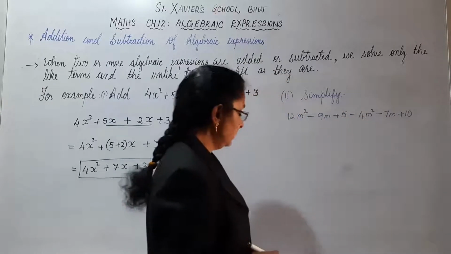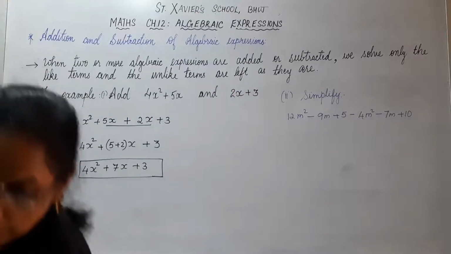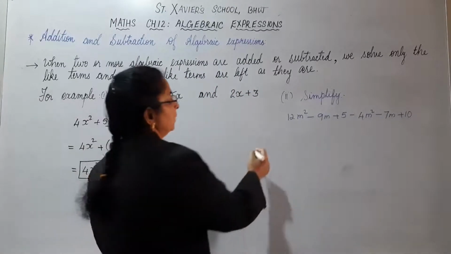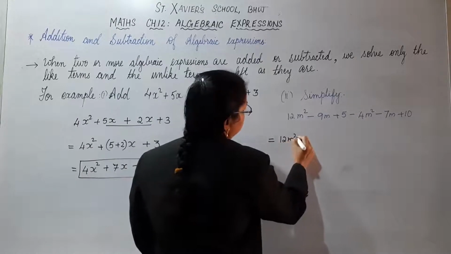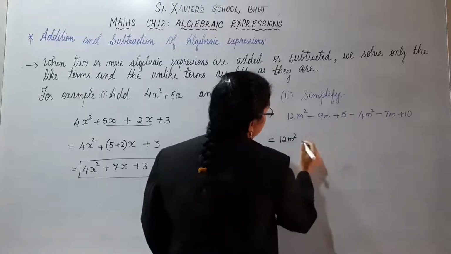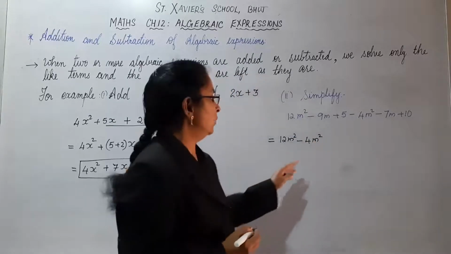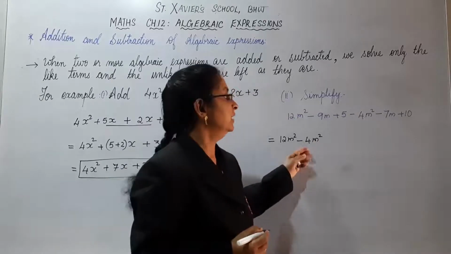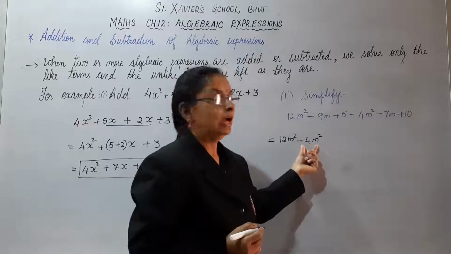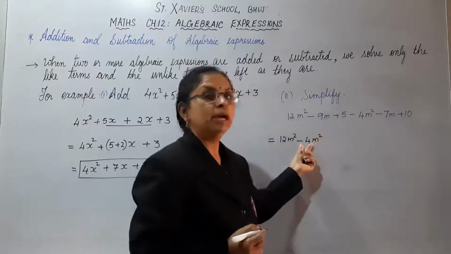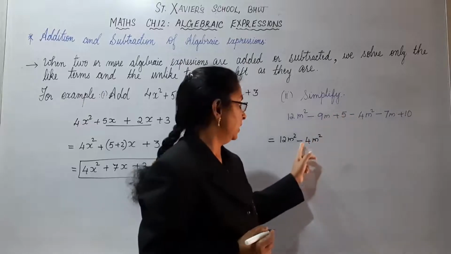So first we will rearrange the terms, bringing all the like terms together. 12m square, now minus 4m square. While rearranging, one thing you have to keep in mind is whenever we take the term, we have to bring the sign prefix to it also.